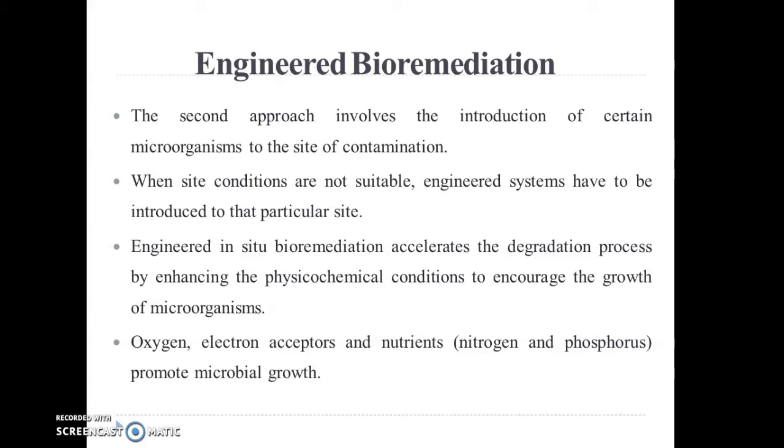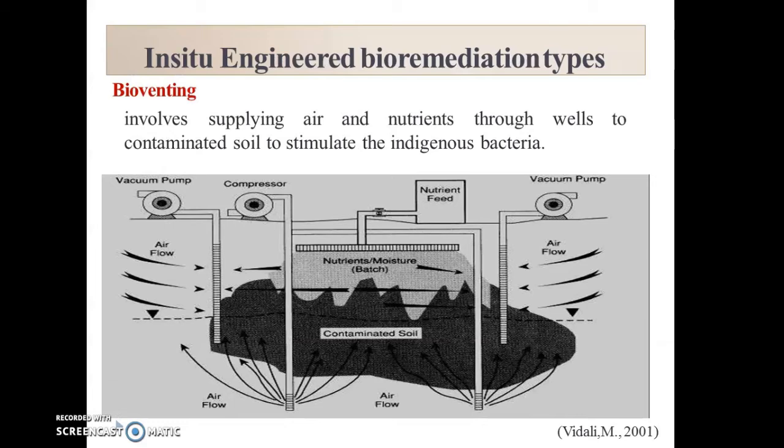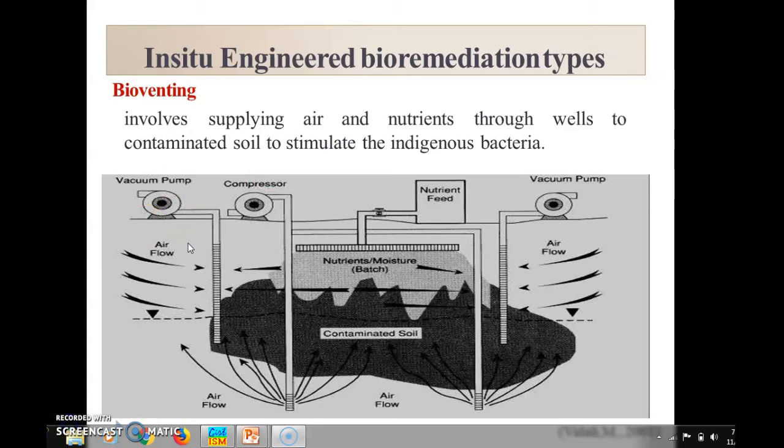For increasing the microbial growth. So, in situ engineered bioremediation types involve bioventing and other processes. There are different types of in situ engineered bioremediation. The first one is bioventing.